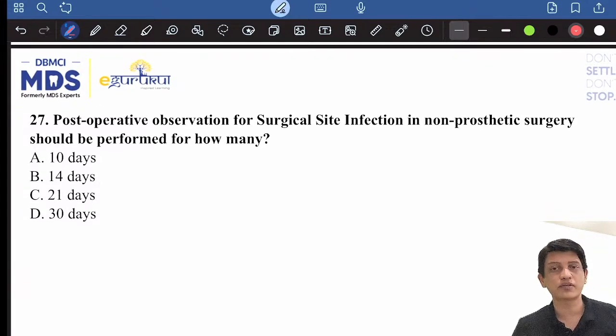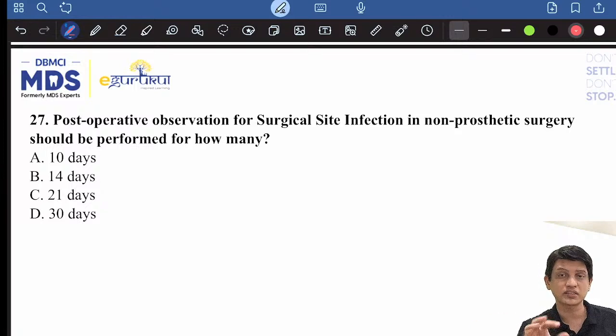Surgical site infection, I have discussed this topic. Post-operative observation for surgical site infection in non-prosthetic surgery, where you have not put any implant. In orthopedics, implants will be put, and in general surgery, in hernia surgeries, you put some mesh.